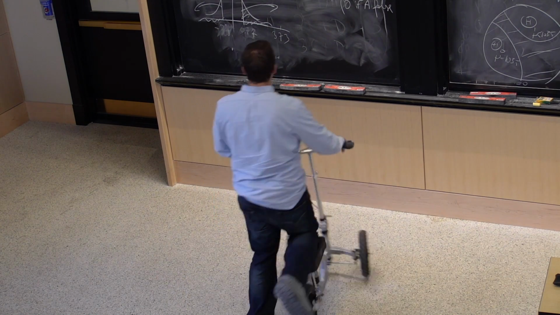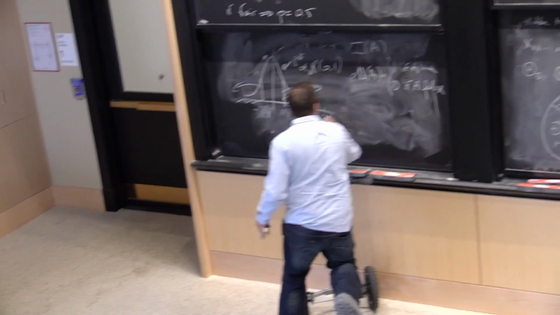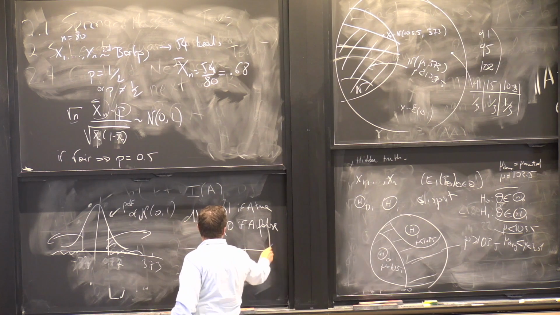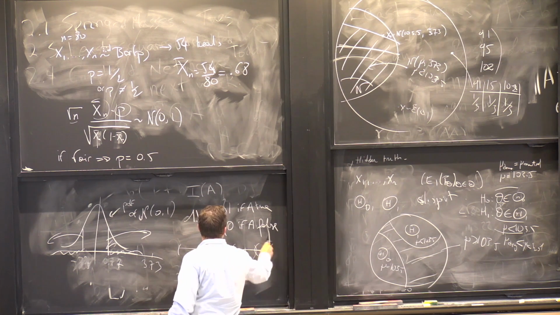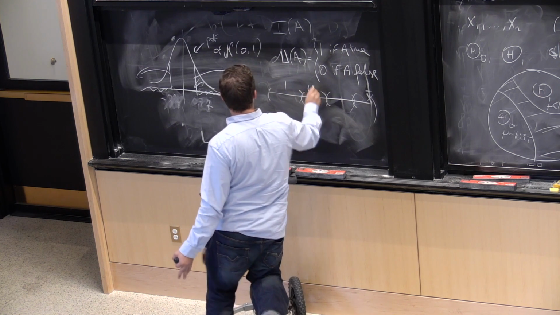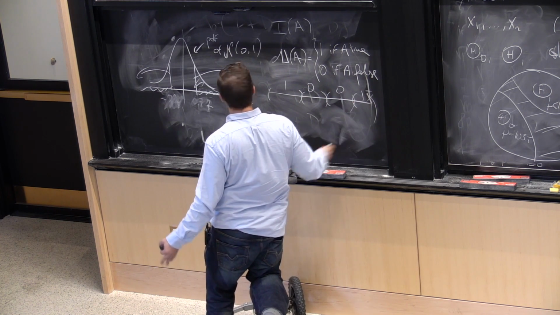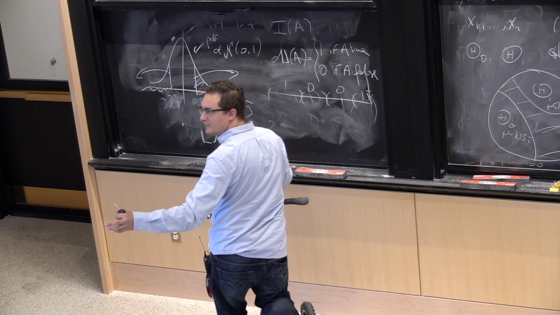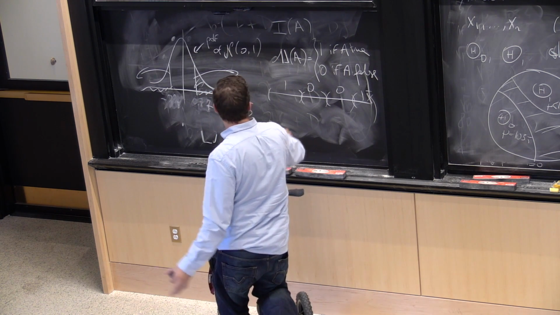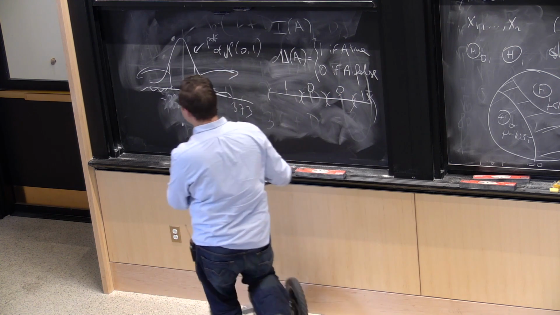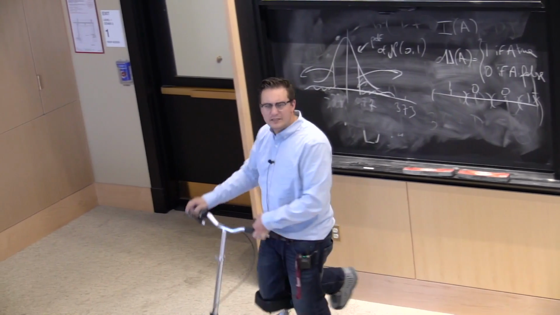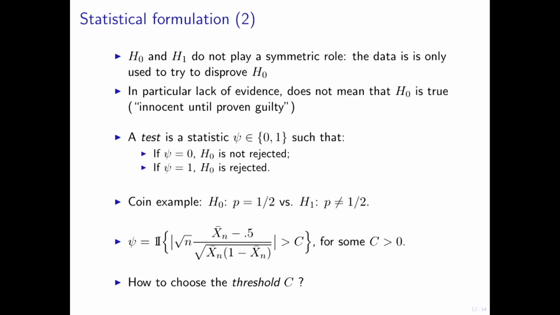So I can think of it as the real line, x bar, and there's some values here where I'm going to get a 1, maybe a 0 here, maybe a 0, maybe a 1. I'm just splitting all possible values of x bar, and I see whether they spit out a psi which is 0 or which is 1. Now in this case, it's not clear, right? The function is very nonlinear. It's x bar minus 0.5 divided by square root of x bar (1 minus x bar). If we put the p in the denominator, that would be clear.